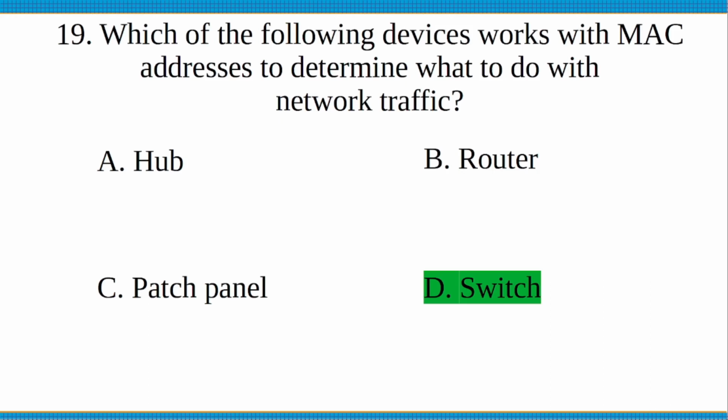That is the answer here. A switch is a layer 2 device, therefore it works with hardware MAC addresses. Hubs and patch panels work at layer 1 and deal with bits. And routers work at layer 3 and work with logical IP addresses.